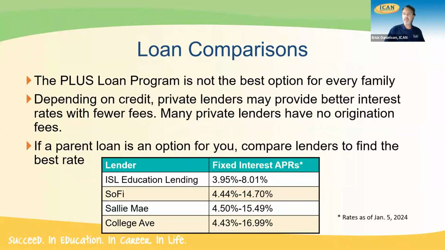Most students just coming out of high school are going to need a co-signer for the private loan. But that is another item we want to point out, because some parents say, I don't want it just in my name. That's why they want to look at the private loan route as well, so that the student still has some stake in that loan. Again, that is not going to be the case with the PLUS loans.